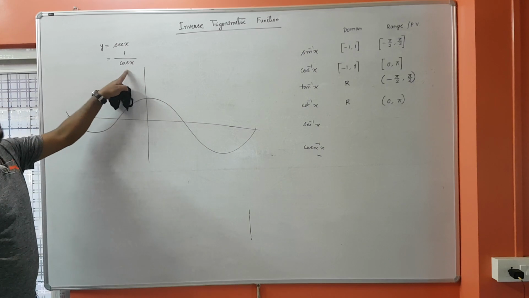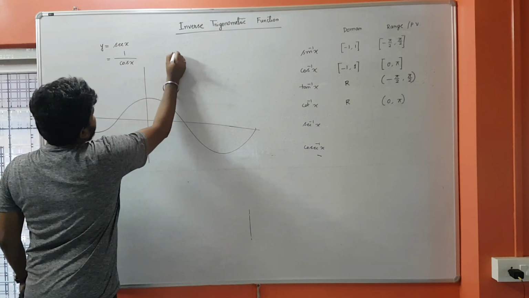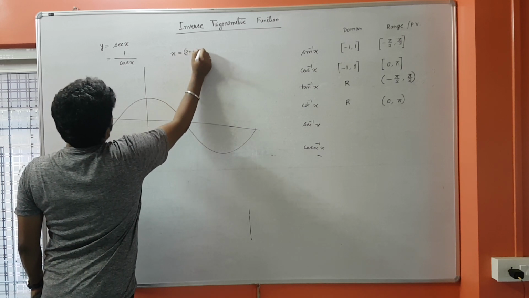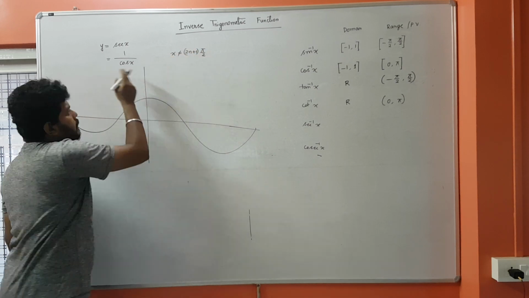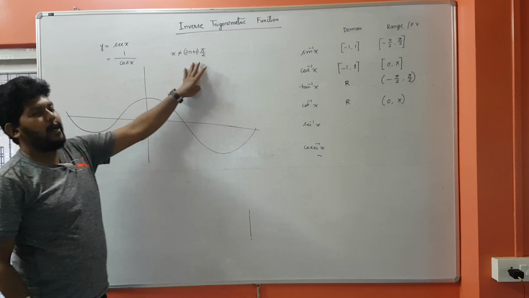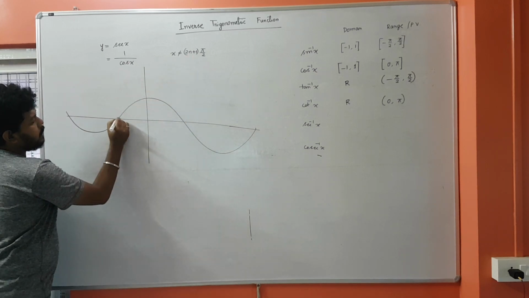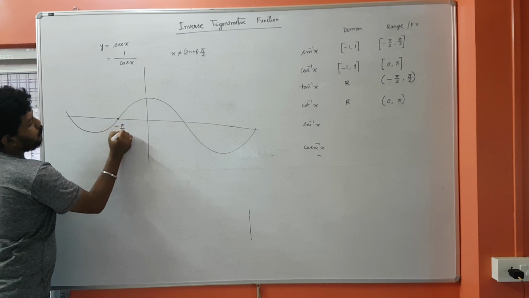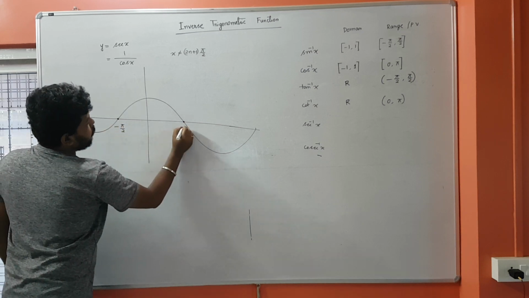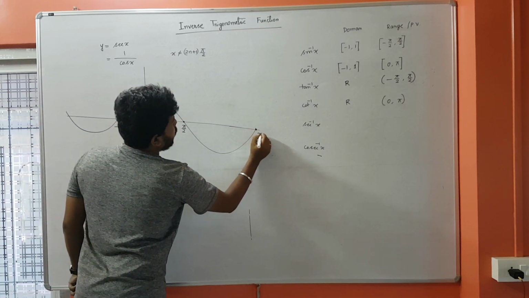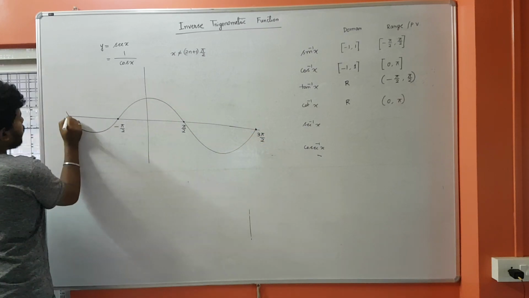Now, sec x is undefined at x equal to (2n+1)π/2, because cos x is 0 at those points. Therefore, these points are minus π/2 and plus π/2, this is 3π/2, and this is minus 3π/2.